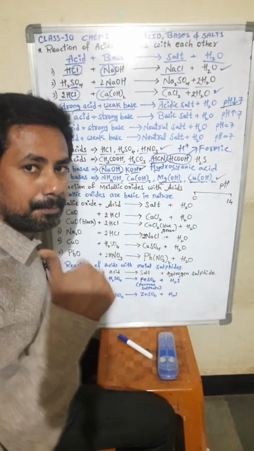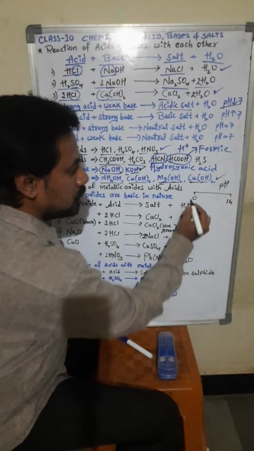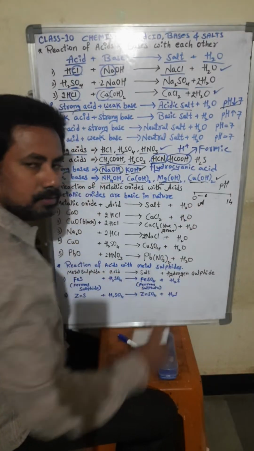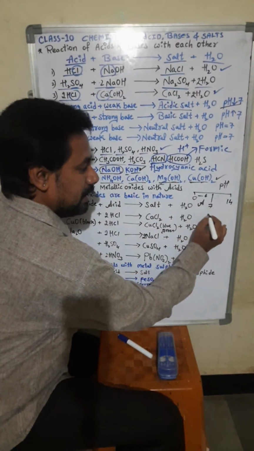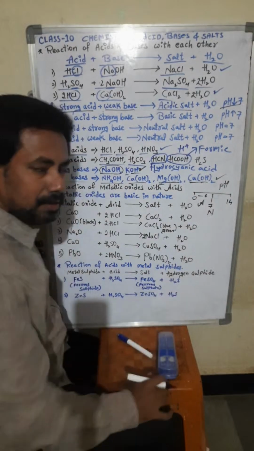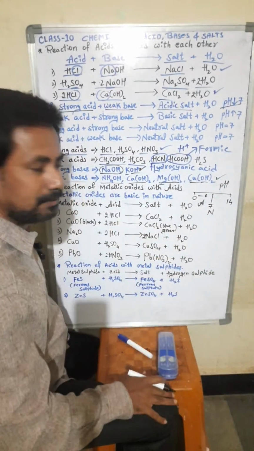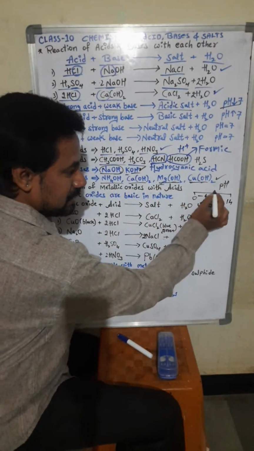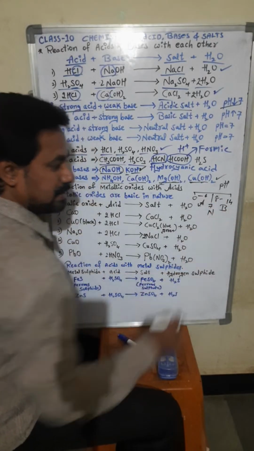Hydrogen is less, base. 0 to 6 is acid, students. 7 is neutral. What is 7? Neutral, neither acid nor base. Is it clear? 0 to 6 is acid, 7 is neutral, and 8 to 14 is base.